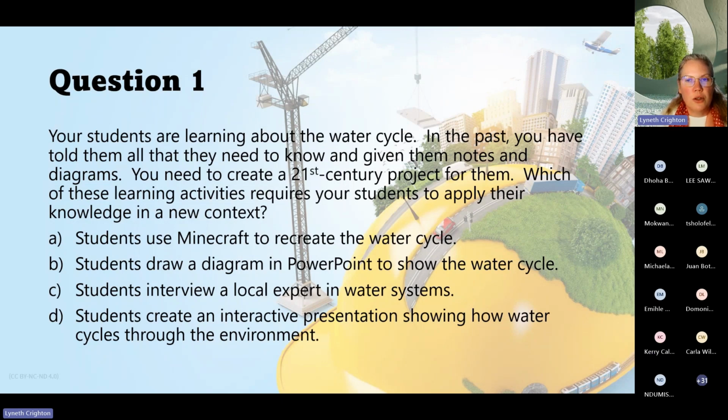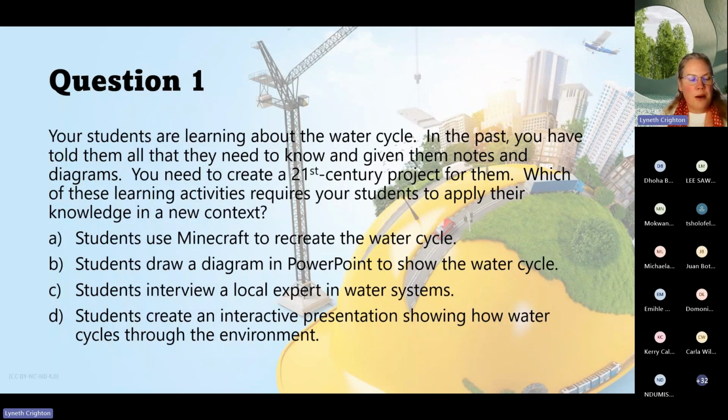So this question, which is adapted from the exam, is that you've taught your learners about the water cycle, but you want to create a knowledge construction project, and what would take the project into knowledge construction that makes them apply it in a new context, which is where the rubrics on a keyring are very useful, because I can pop over to it and say, well, in a new context means that it is a level 4. So we're not talking interdisciplinary, but they have to construct knowledge in a new context.